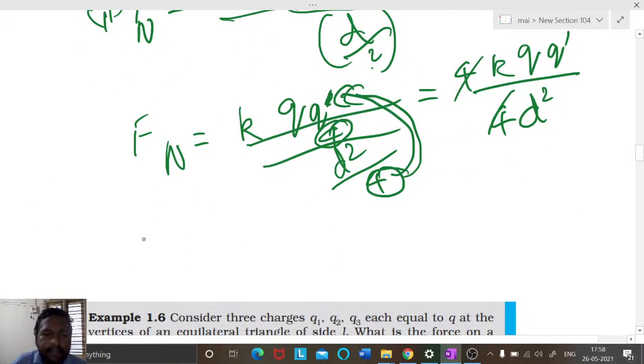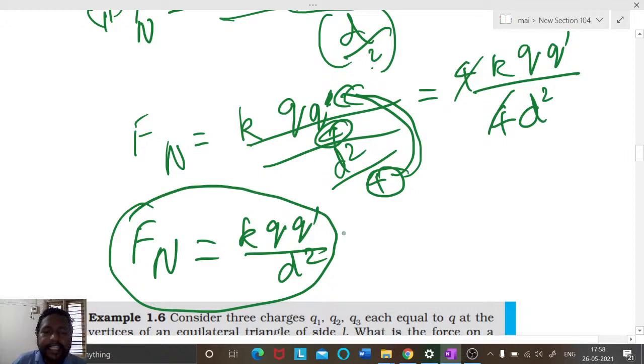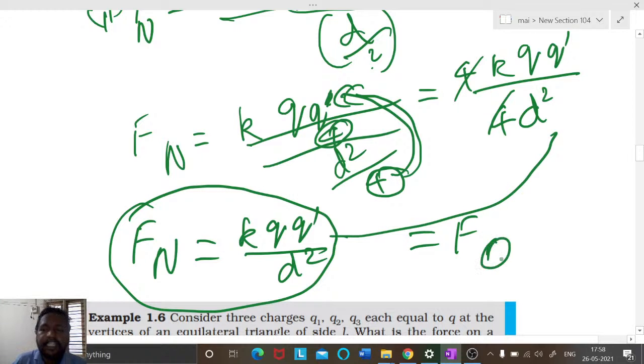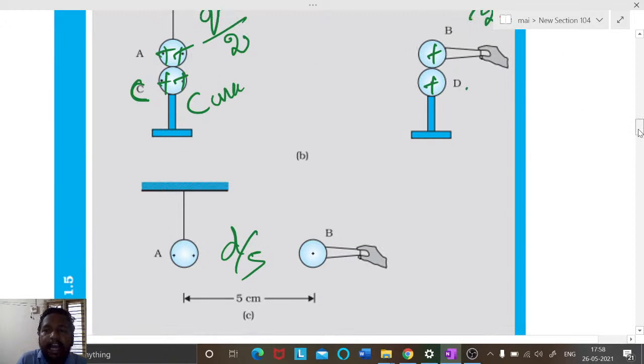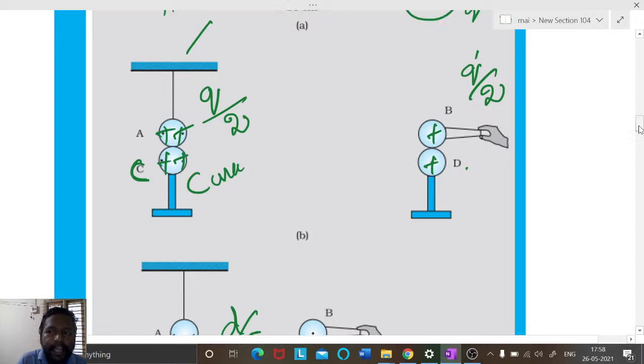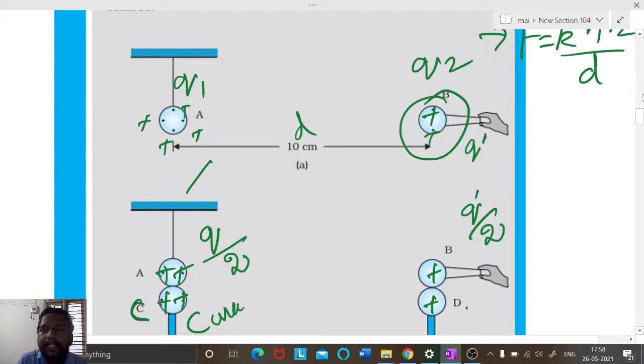The new force created between the two charges is K times Q Q dash divided by D square. Force new is exactly equal to force old. There is no change in the forces between the two conditions. After we made the charges half and the distance half, there is no change in the force. It's a very simple explanation.